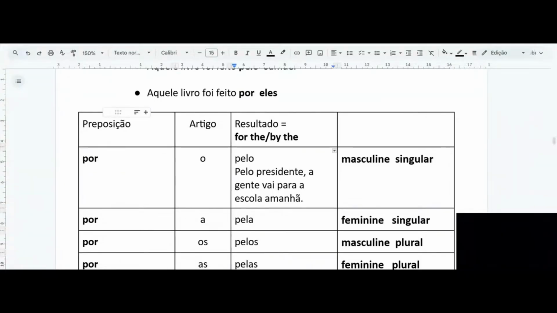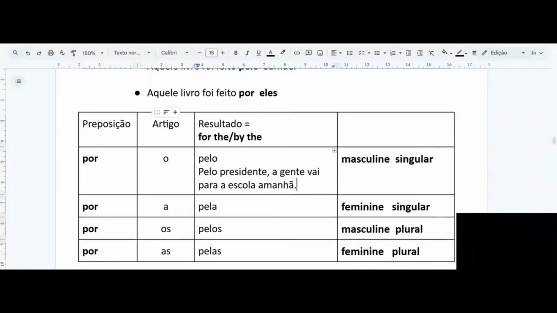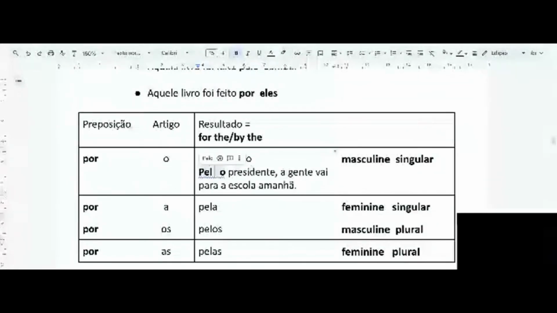So, pelo presidente, we have a sentence here. Is it for the president or by the president? By the president. Under normal circumstances, the sentence was supposed to be por o presidente.